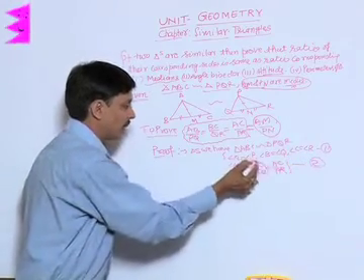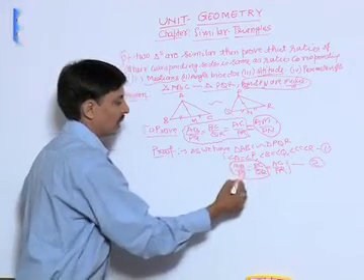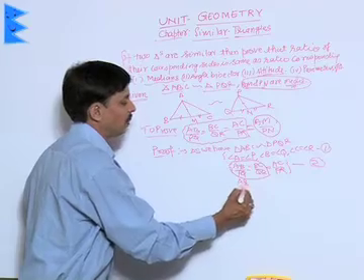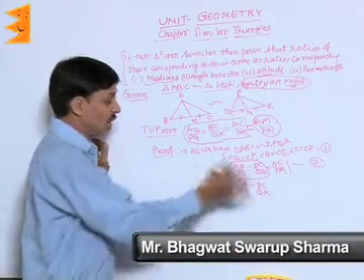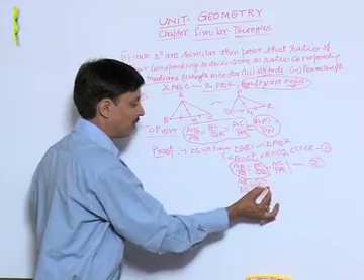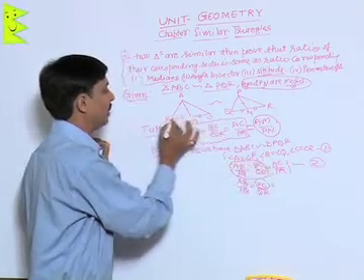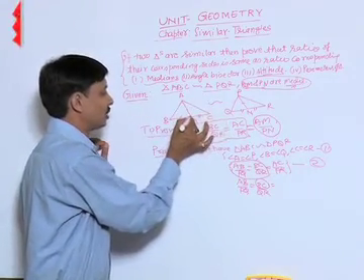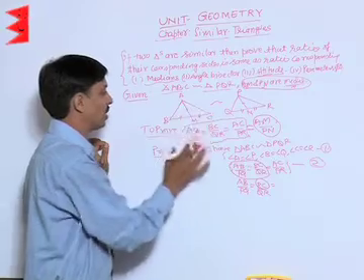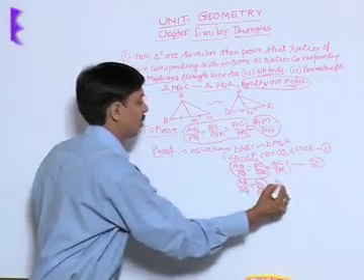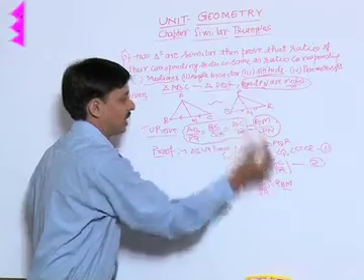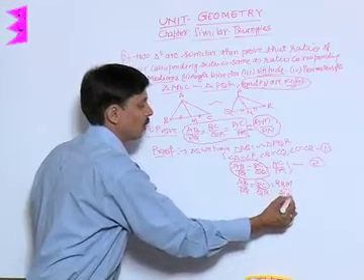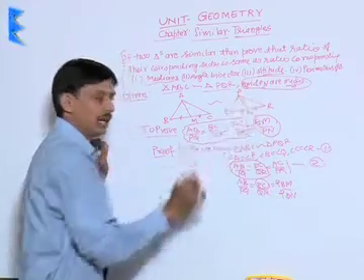Now if I take this part, that is AB upon PQ is equal to BC upon QR. AM is a median, so M is the midpoint. So in place of BC, I can write twice BM. And in place of QR, I can write twice QN, because PN is the median.